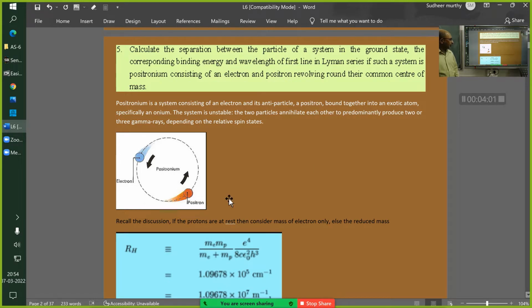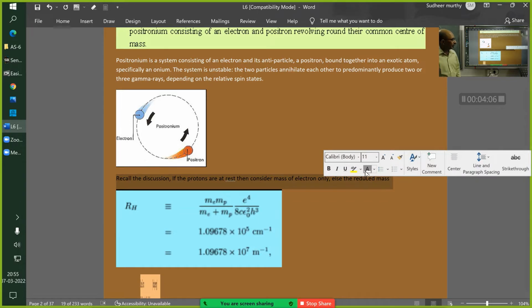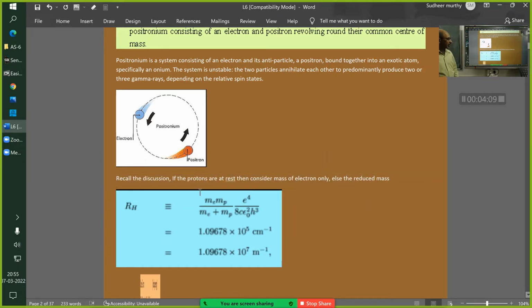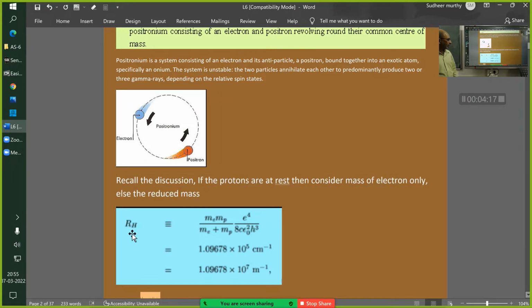Now if you recall the discussion that we had when I was speaking about the Rydberg constant. Anybody remembers? Rydberg constant, that is R suffix H for hydrogen, and for other heavy atoms it was R suffix infinity, and there I had also shown the same slide, wherein when you calculate the RH, you will also consider the reduced mass.